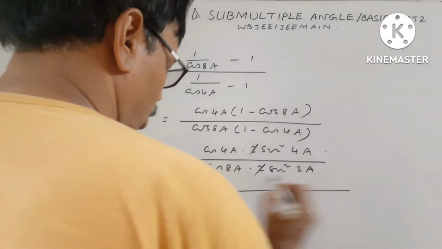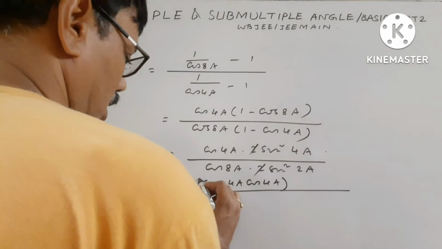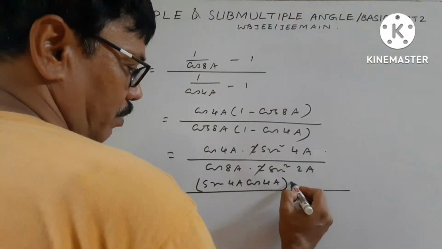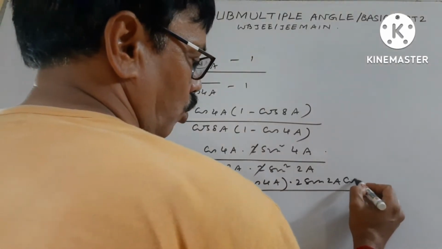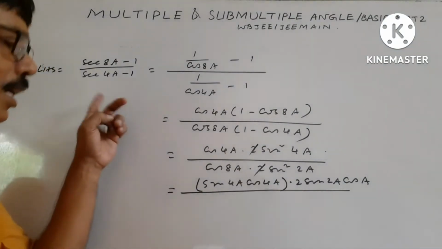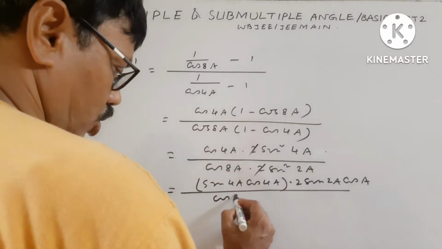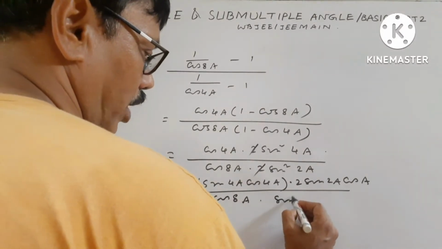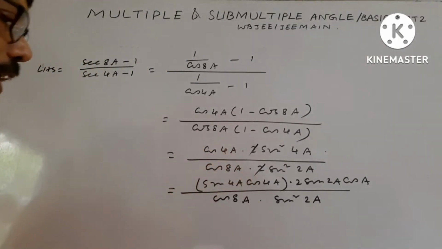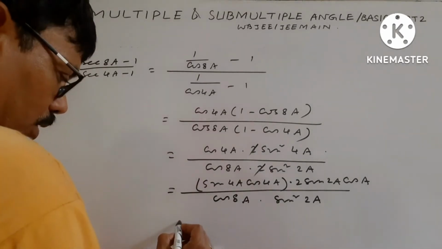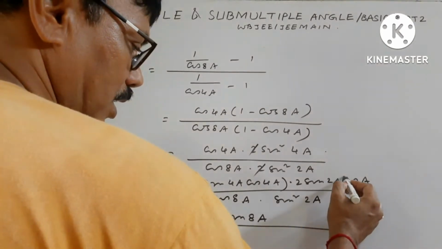Finally you are getting sin 4a unchanged, cos 4a unchanged, and this is 1 sin 4a. 1 sin 4a is 2 sin 2a into cos 2a, because the final result is in terms of tan 8a. So cos 8a unchanged, sin square 2a. This step will be noted, 2 multiplied here. Now this is sin 8a. One sin is cancelled out.